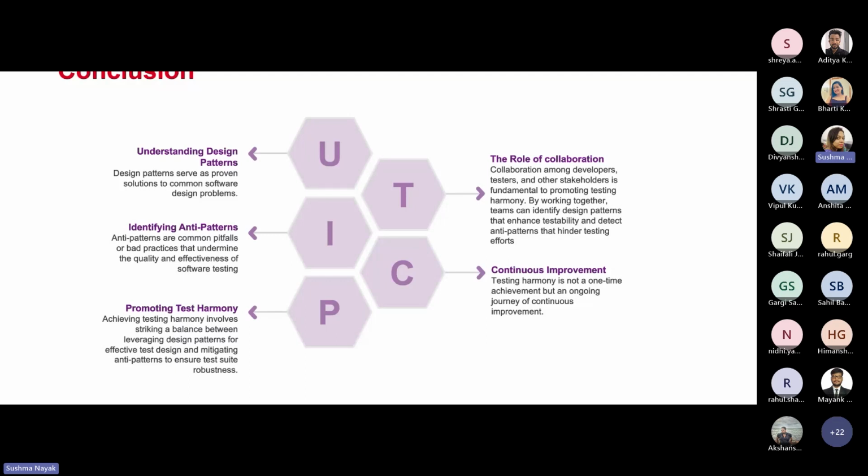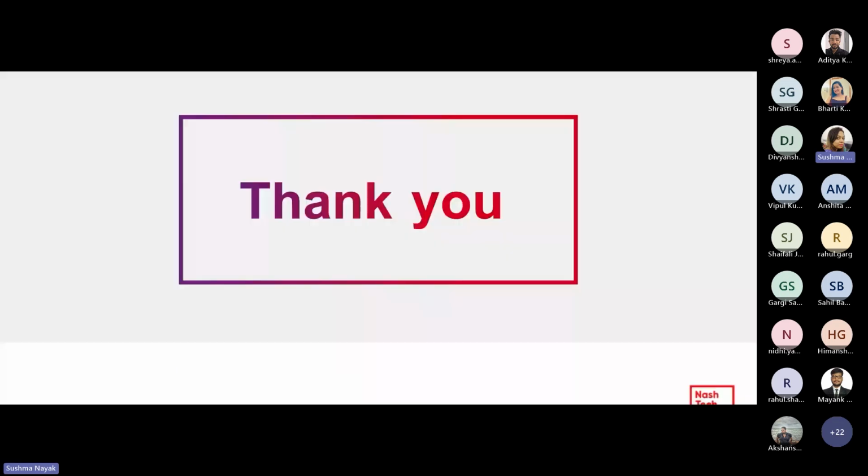Because of these, continuous improvement can be done not only in the project, but with the team members also. If this is being done, it means that testing harmony is being maintained among everybody. So this was all about the topic.